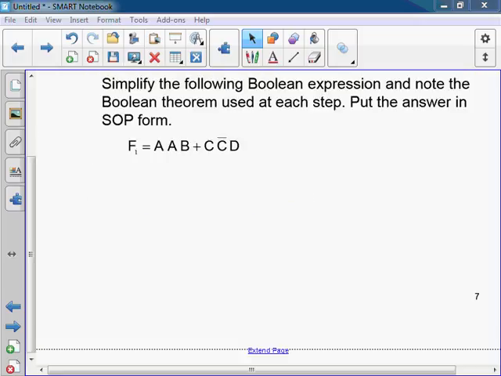So next, I want to show you an example of how to use those theorems. So far we have 9, just the AND ones, the OR ones, and one inverter. All right, so here I have an expression, F = AAB + C not C D. All right, so first let's take a look over here.